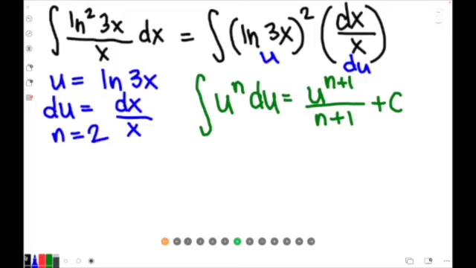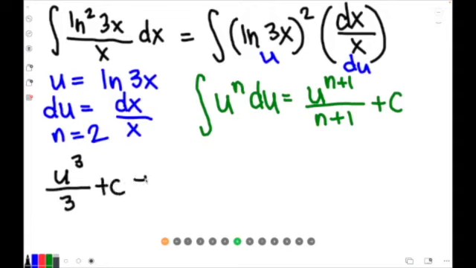Okay, so now we are ready to substitute from the theorem where we assign the value of u and du and find out that it just follows the theorem or the power formula, this one, u and du. So our answer would be u raised to n plus 1, that would be 3 divided by n plus 1, 3 plus c.